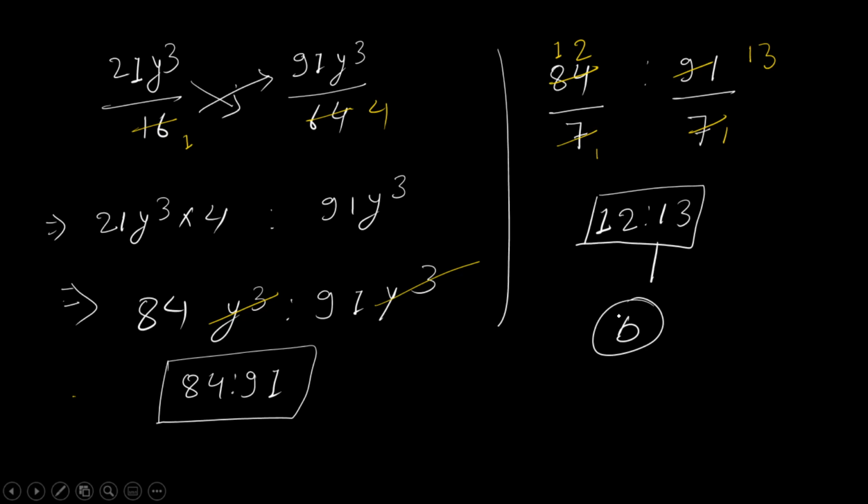Now let's start with another problem. Problem number 20. Problem number 20 you have. P is to Q is the subduplicate ratio of P minus x square and Q minus x square.